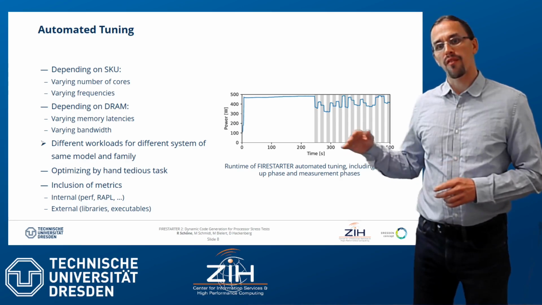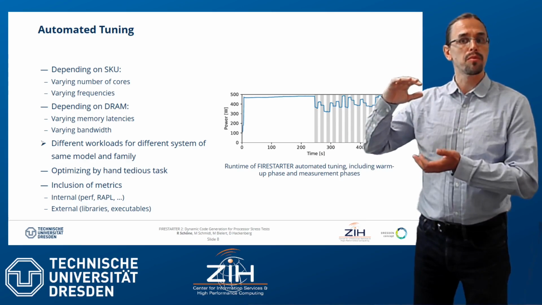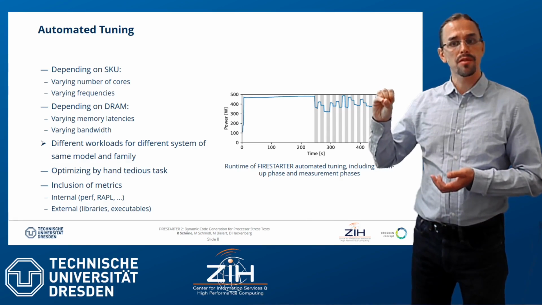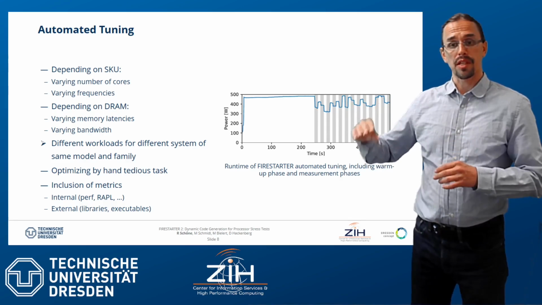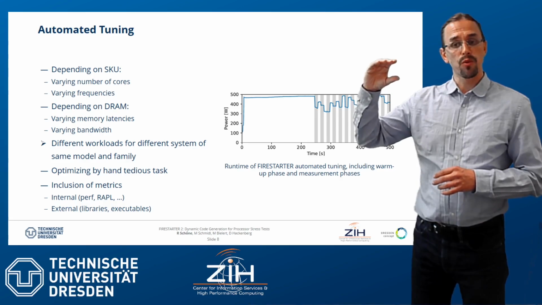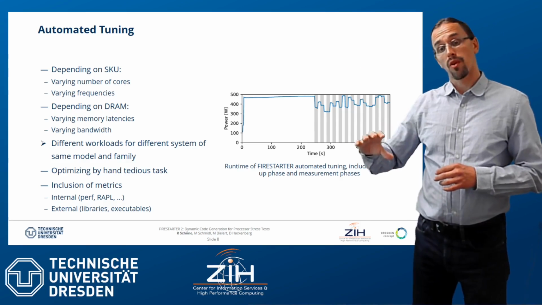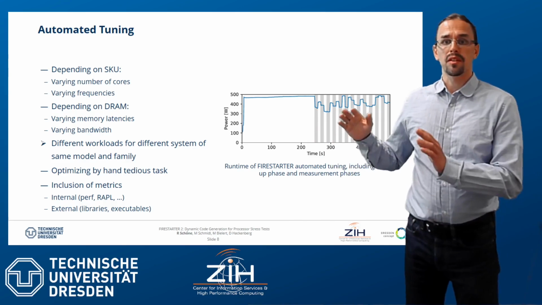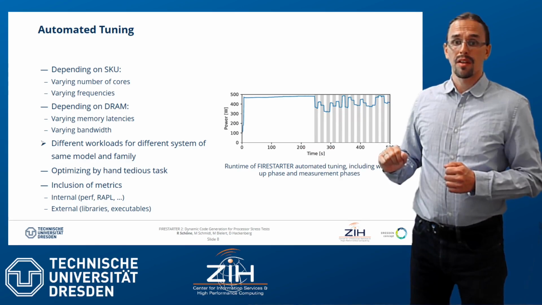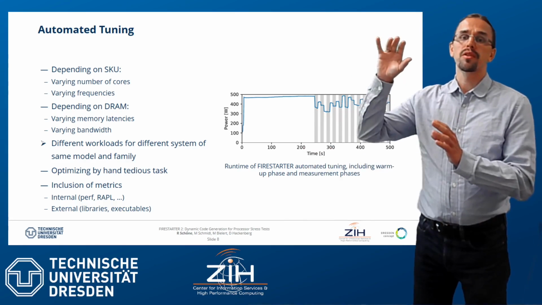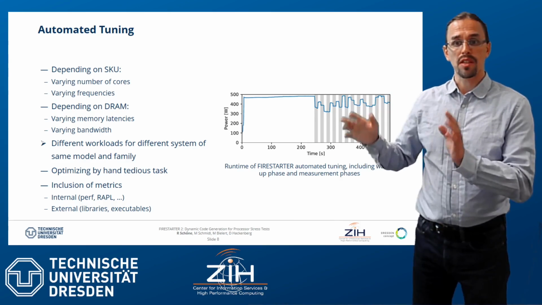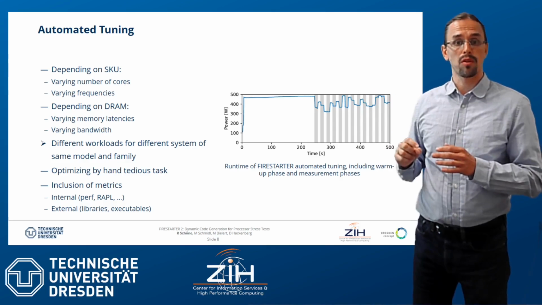For example, if you have multiple processor models with different frequencies, and all the rest is the same, then the one with a higher frequency should have fewer memory references per cycle than the one with lower frequency, if we assume that the memory bandwidths and latencies are independent of the processor frequency. And therefore, for the processor with a higher frequency, we would introduce fewer memory references, just to make sure that the workload won't stall.